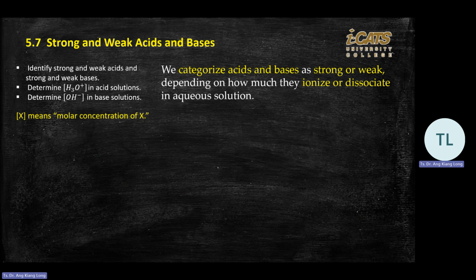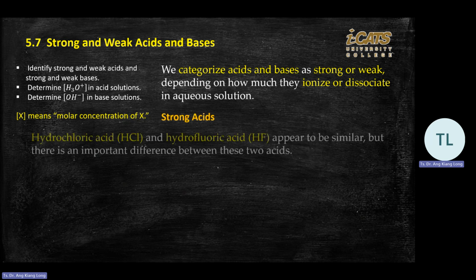How do you know strong and weak? This is a keyword. It depends on how they ionize or dissociate in the aqueous solution, meaning how they split themselves in the process.